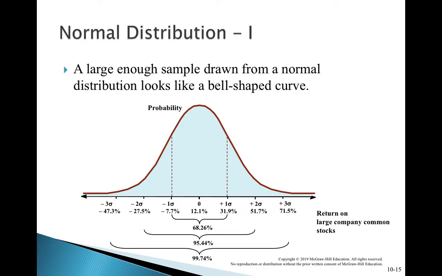Now you see, to the right and to the left, 1 standard deviation, 2 standard deviation and 3 standard deviation are used. Go through your PowerPoint, the large cap stocks return distribution, please.